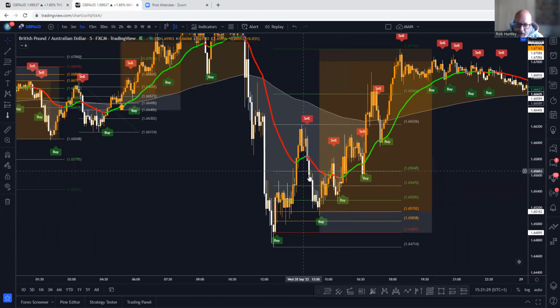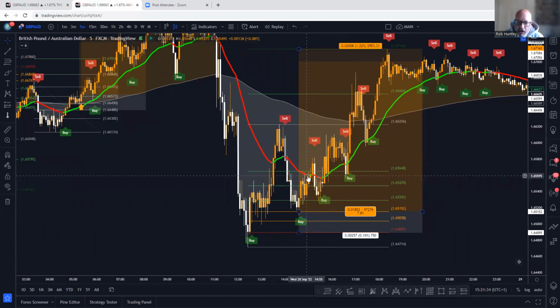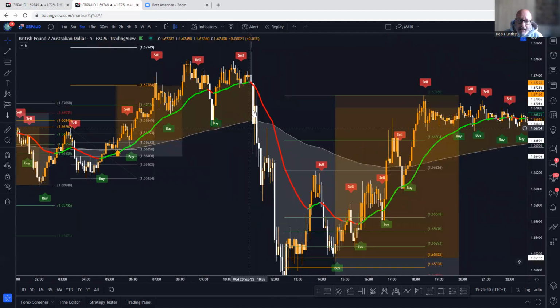So you might be able to spot, you might not be able to, certain parts of it that are grey, and you may also notice the candle colours as well. So here, for example, where price has pushed down below this line here, you can see that the candle is grey and the line is grey.